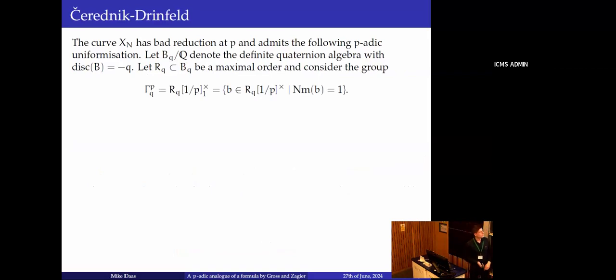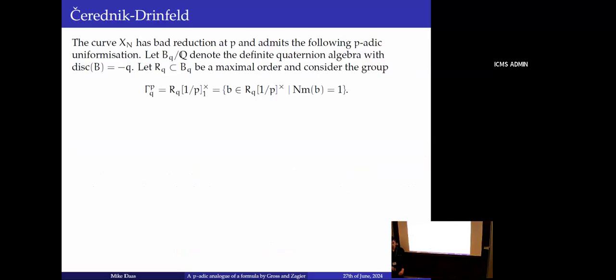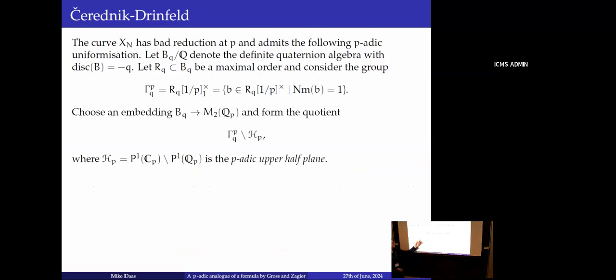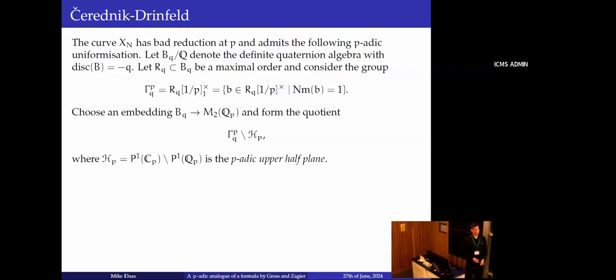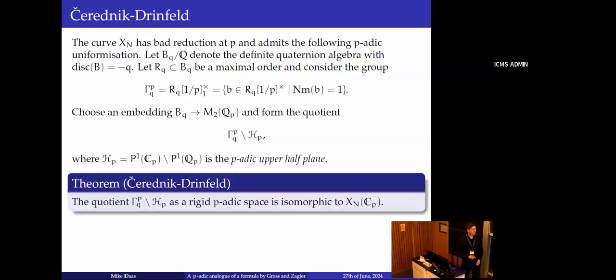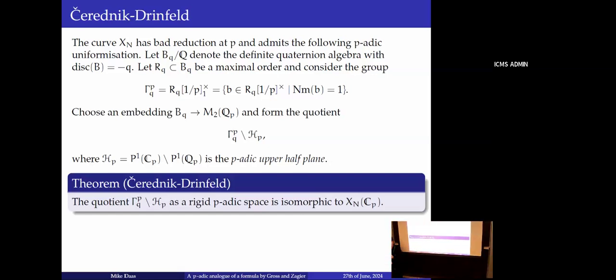And then what I do is I take inside of it a maximal order, and I invert p, and then I take the units of norm 1. So then I get this different group, and this one is split at p, so I can make it act on the p-adic upper half plane, and I get another quotient, which at first sight doesn't seem related to the previous one at all, but the miracle theorem by Cerednik and Drinfeld, in a sense, is that over Cp, this space is actually isomorphic to the Shimura curve that we started with.